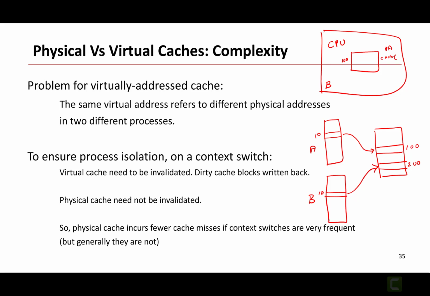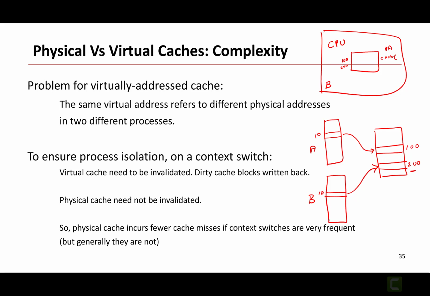Now when B executes, let's say B also wants to access virtual address 10. That's fine. But in this case, B will map to address 200, which is also okay, because I'm using 200 to check the cache, and I will find out that I don't really have the data, so it will be a cache miss, and I go and get the address 200's cache block, and I store it separately in the cache, or maybe it will kick out 100.